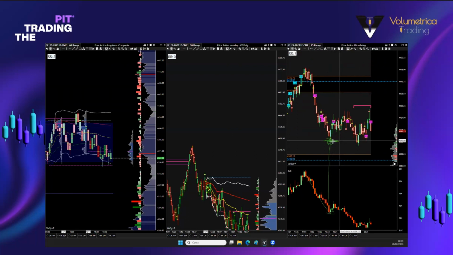Good. Then price starts chopping around a little bit, making a small range, and then it tries to break down this low.